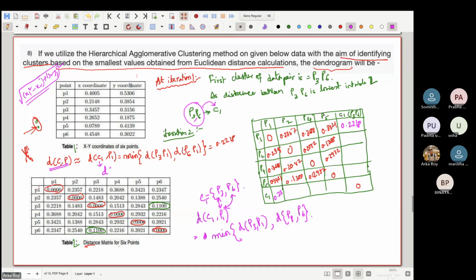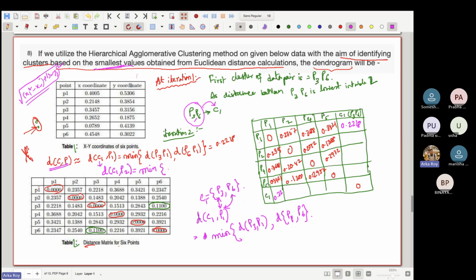Similarly, if I have to calculate D(C1, P2), C1 is constituted of P3 and P6, and I have to calculate the distance between C1 and P2. So individually I have to calculate the distance between P2 and P3 and P2 and P6, and then consider the minimum value, because they have said already the smallest value of the Euclidean distance.